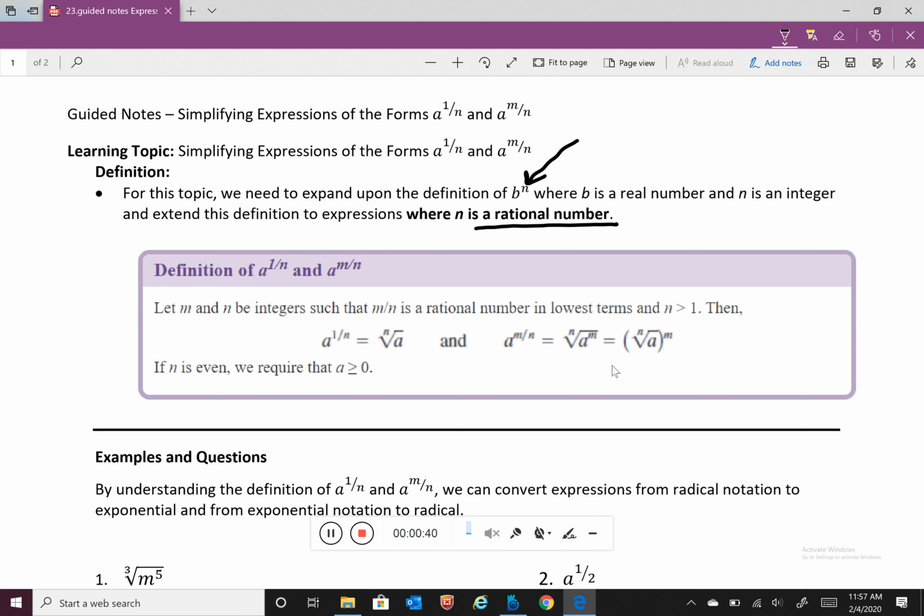So let's look at our definition of a raised to the 1 over n and a raised to the m over n. We're going to let m and n be integers such that m divided by n is a rational number in lowest terms, and we're going to let n be greater than 1. We're going to let n be positive.